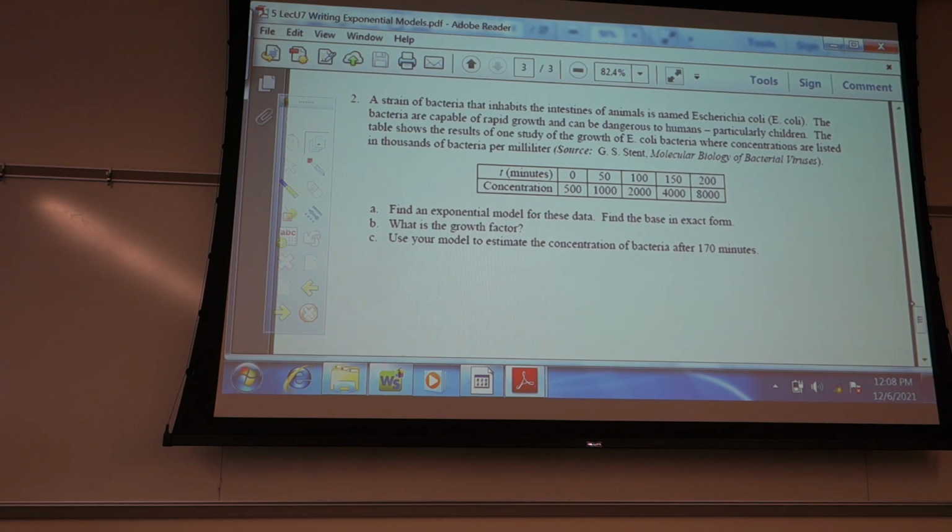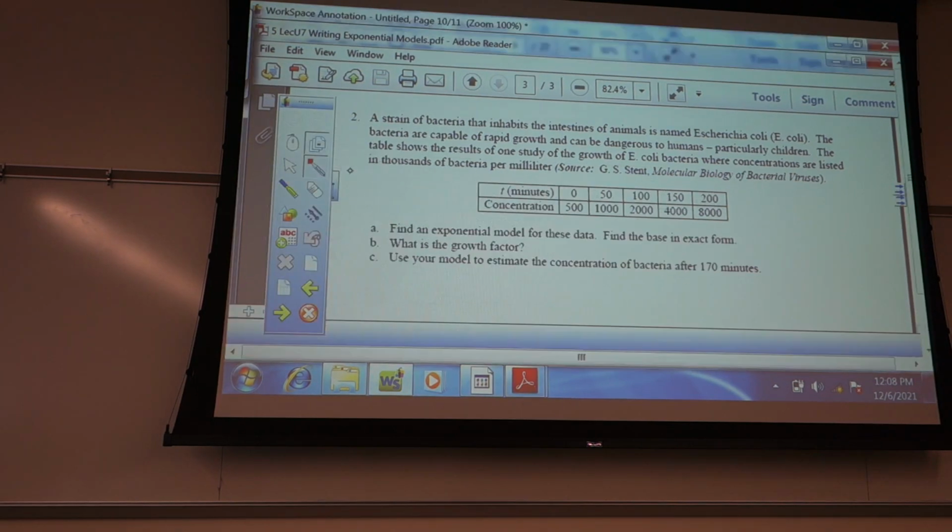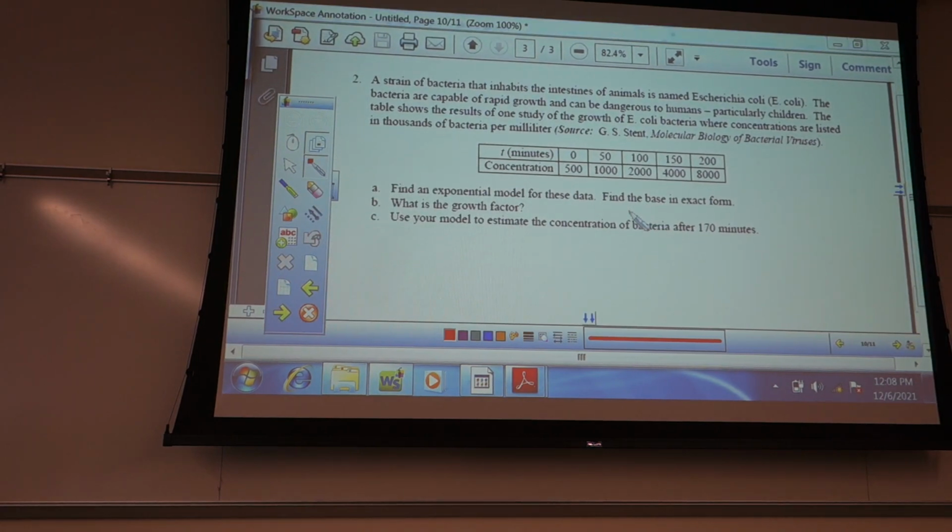This next one is a little bit tricky. So what's my initial amount? C equals what?